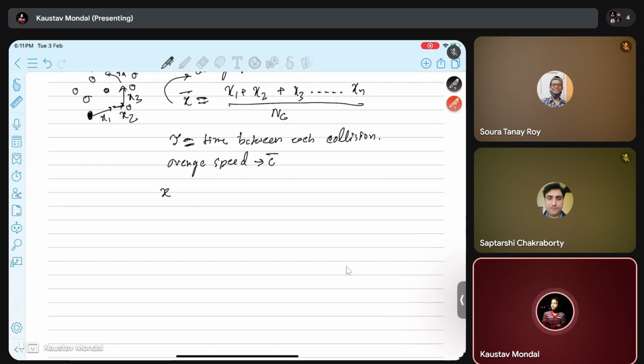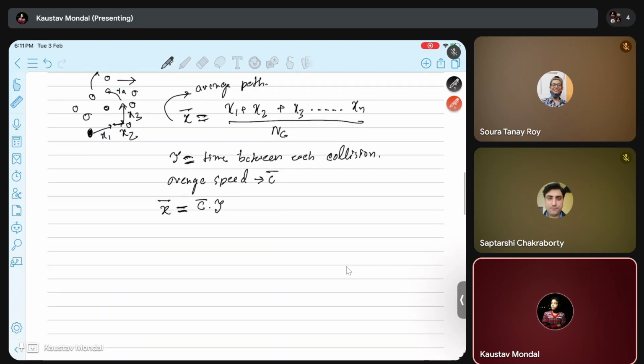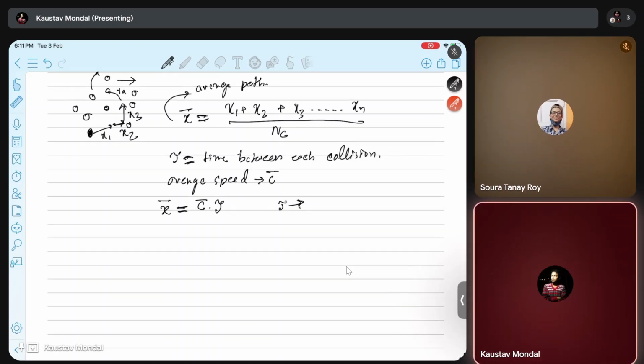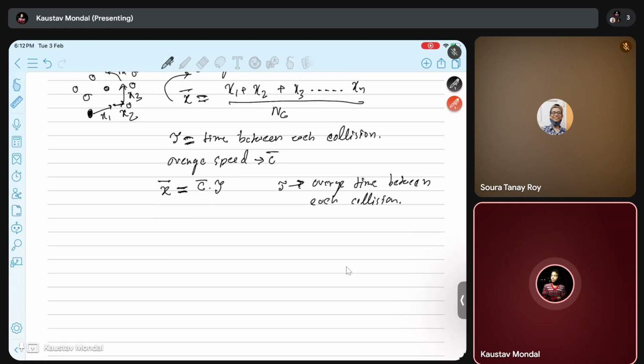In that case it would be related by x bar equal to c bar into tau, where tau is basically the average time between each collision. So this is for a single molecule.